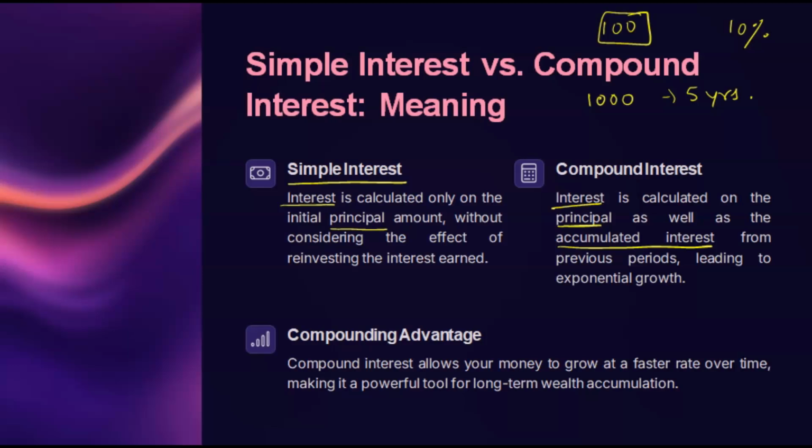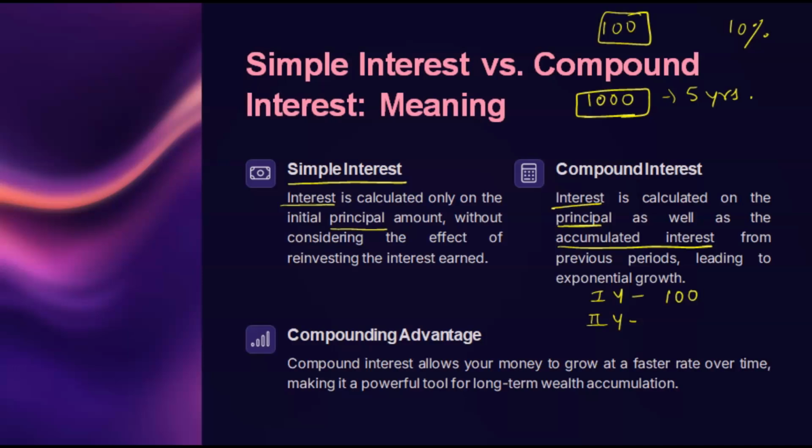But in compound interest, what happens? In the first year the interest will be same as simple interest only. First year we'll find out 10% on 1000, so it will be 100 only. Then we will go to the second year. Now we have this 1000 principal amount as well as the interest 100 rupees received, so now we have 1100.